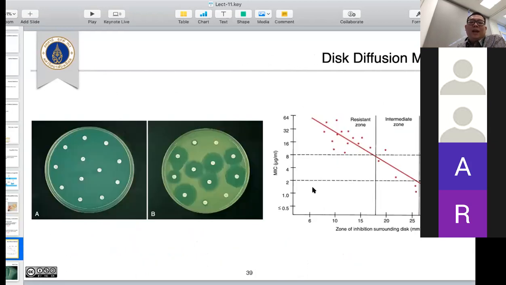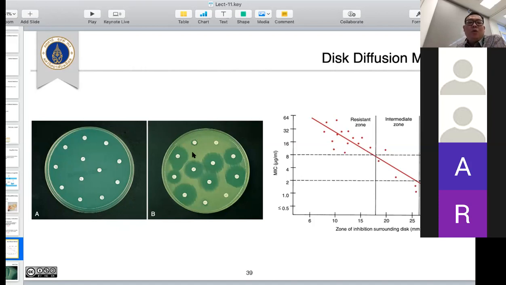Another technique is easier. You just spread Staph aureus or the bacteria you want to know, put the paper disc with antibiotic on the spread of bacteria, and incubate overnight.